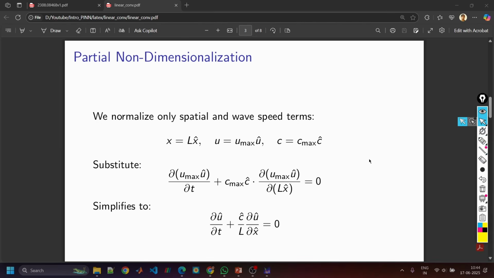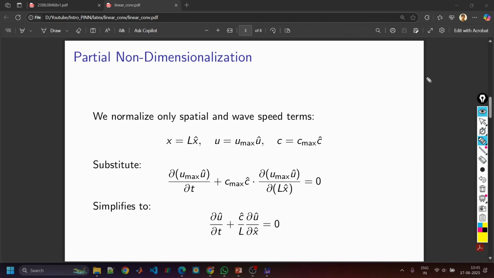If we substitute this here in our governing equation, we will get this equation. In this test case, we will see whether we get any advantage from this non-dimensionalization procedure for PINN. Other than that, we also test the effect of the sign of c, for example, whether this PINN is sensitive to a positive moving wave or negative moving wave.